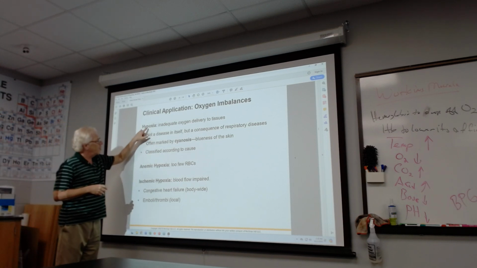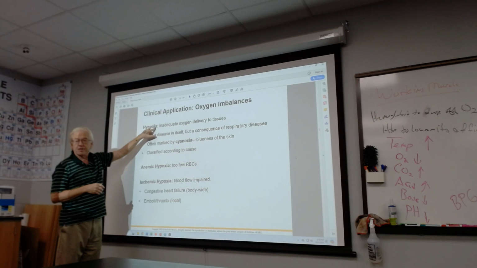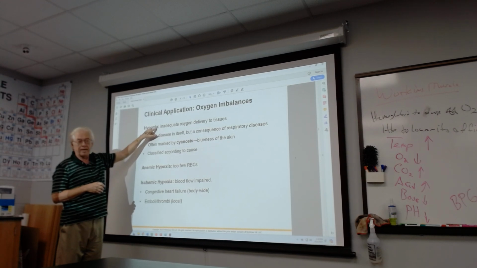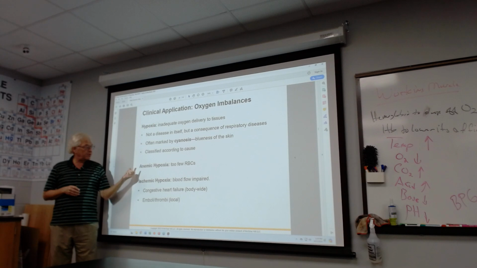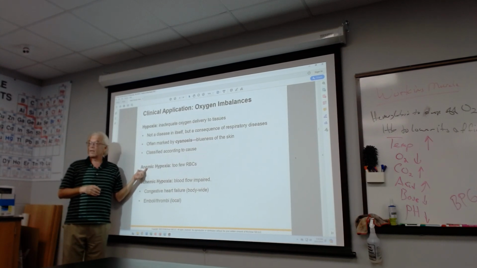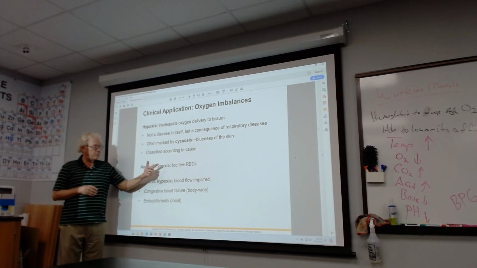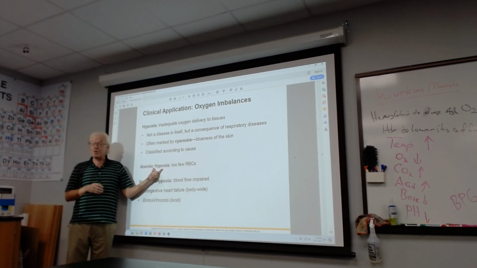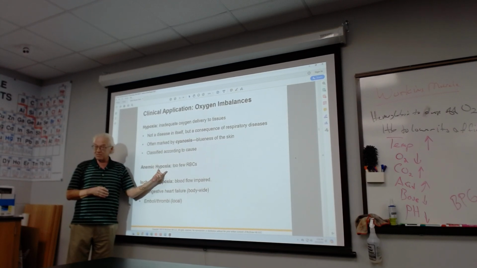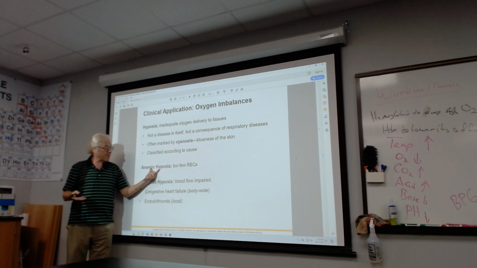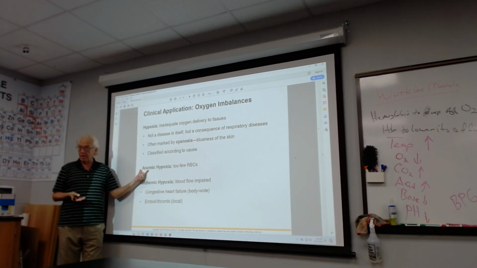It simply means low oxygen being delivered, okay? Now, it can be classified by what's causing this. Well, what if you're anemic? That means you don't have enough red blood cells, or hemoglobin, mostly red blood cells, to carry enough oxygen to your tissues. So you're hypoxic, low oxygen delivery because of fewer red blood cells.